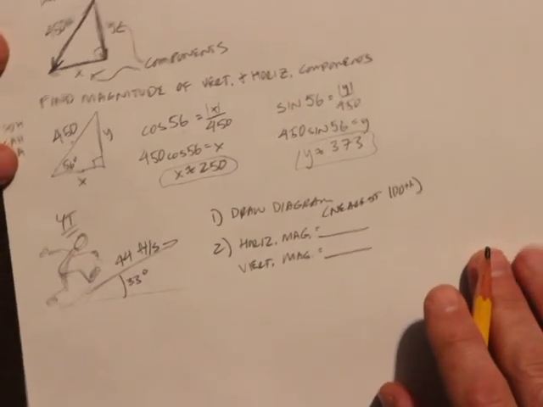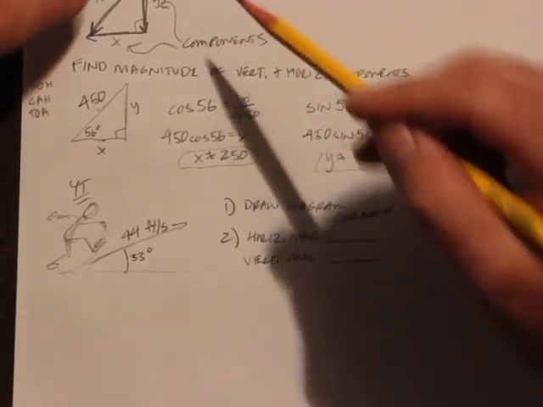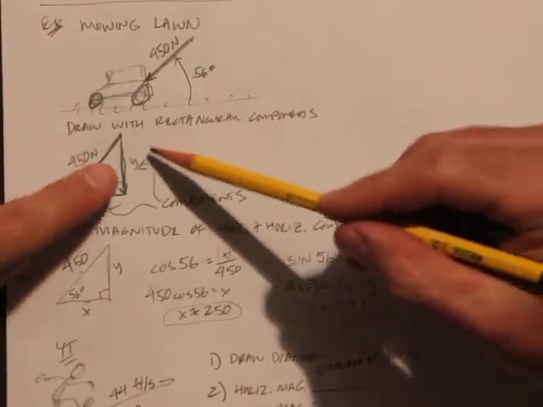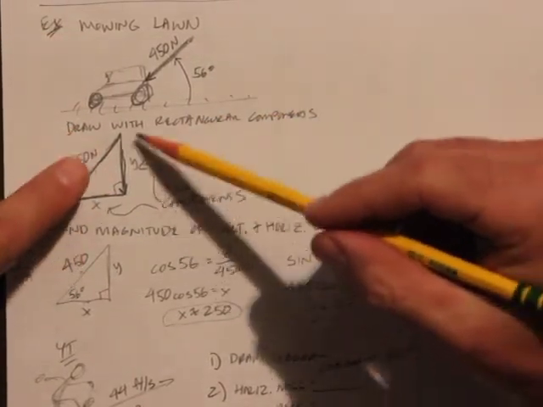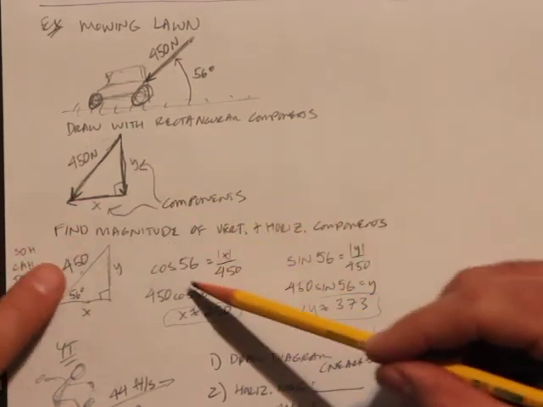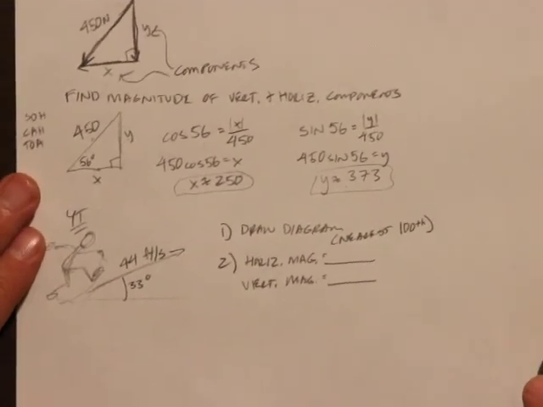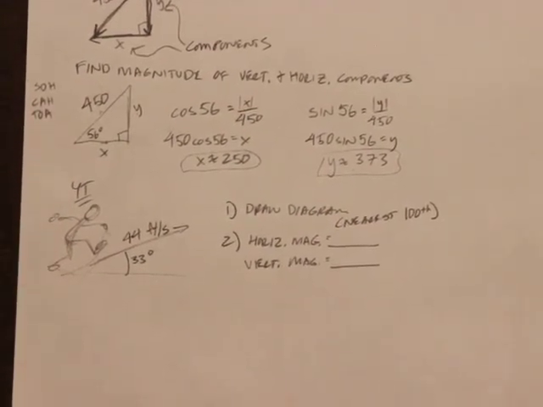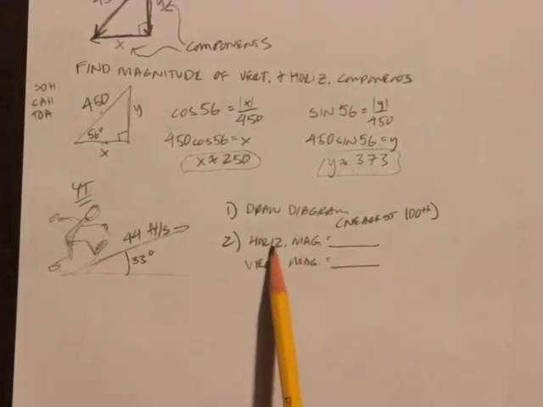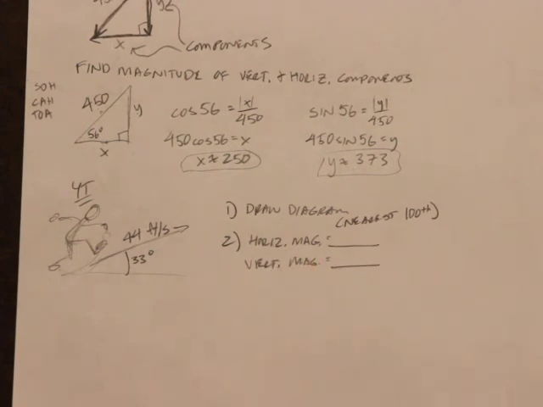Okay, so follow this example here, drawing all of the pieces together, and then use your trig functions to find the answer for horizontal magnitude and vertical magnitude. Pause and work.